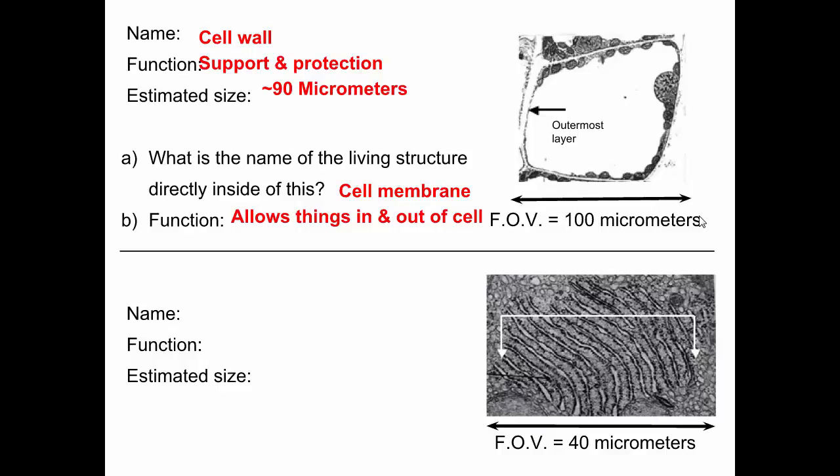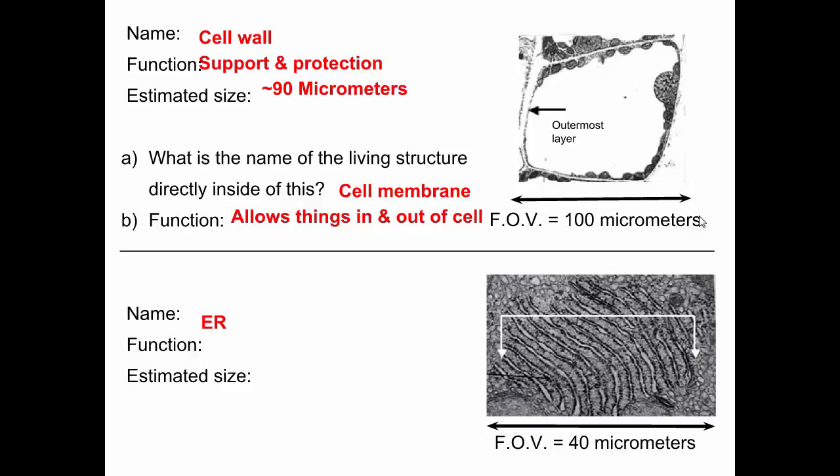Now this one is a little hard to tell because we don't have a wider view of this, where you can see where this is in location to the rest of the cell, because you might confuse this with another organelle. What would you say that is, Carter? That would be ER. Yes, that's the ER, endoplasmic reticulum. I think the pointers are pointing at ribosomes.